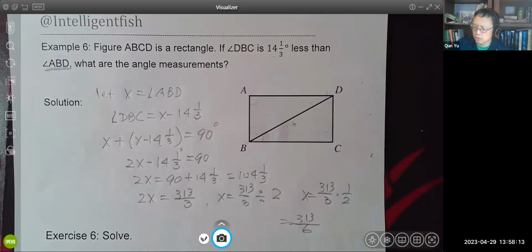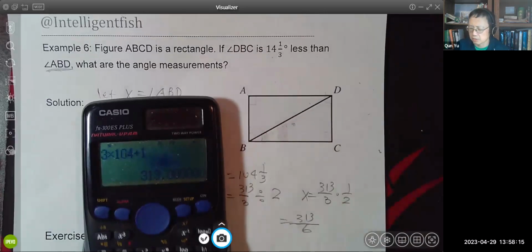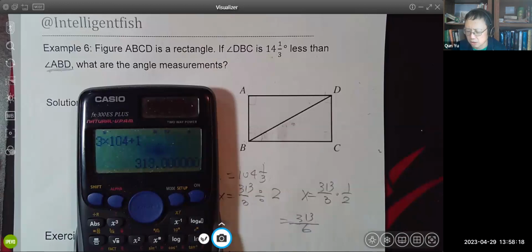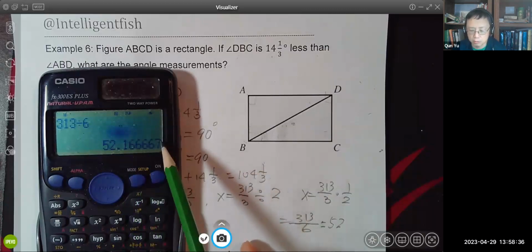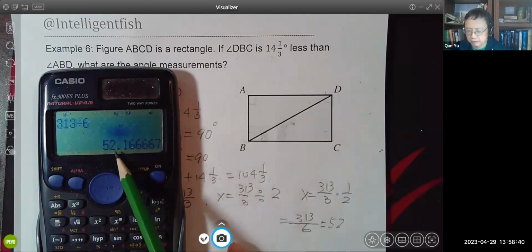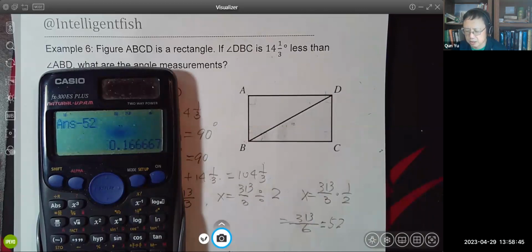Now let's rewrite it as a mixed number. Let's see how I do that. First, we do division to get the whole number part. 313 divided by 6, so the whole number part is 52. Now the fractional part is actually very easy to do. First, you subtract this 52 from the division result. Usually I don't write the result down because there could be more digits not on display. That is the fractional part.